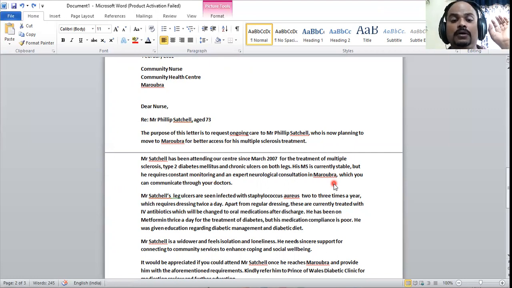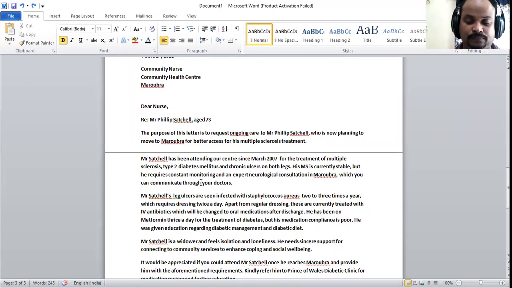Right now his MS is stable, but he needs constant monitoring, and an expert neurological consultation when he reaches there, which you can arrange with the help of your doctors.